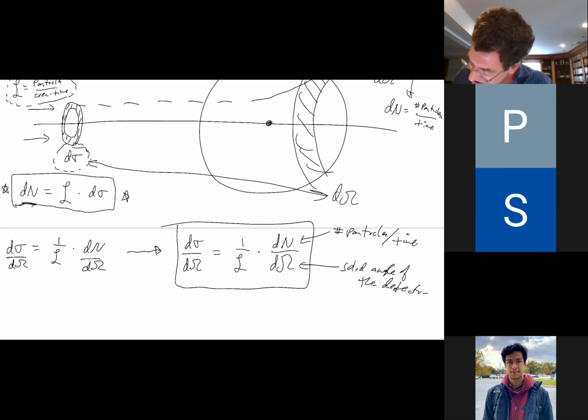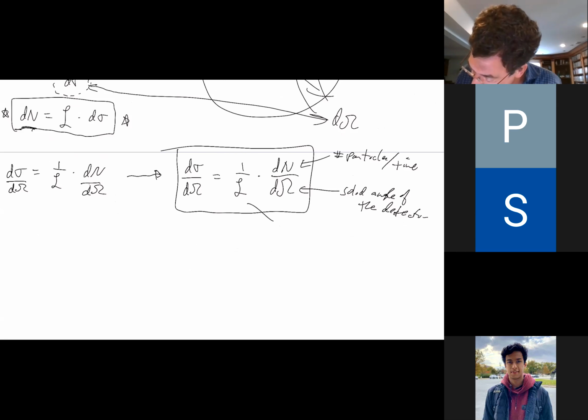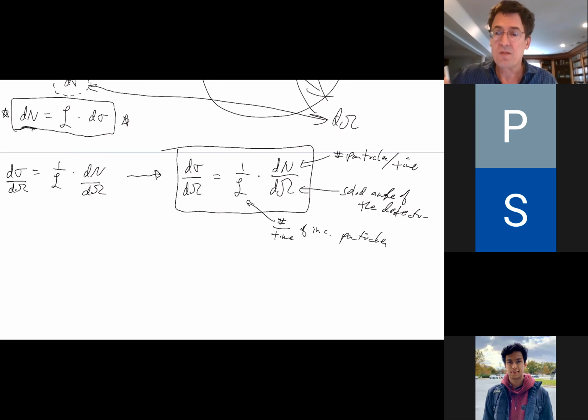And luminosity is just the number per time of incident particles. What I want you to see is that if I put these three quantities in this very simple ratio, then they equal the differential cross-section.